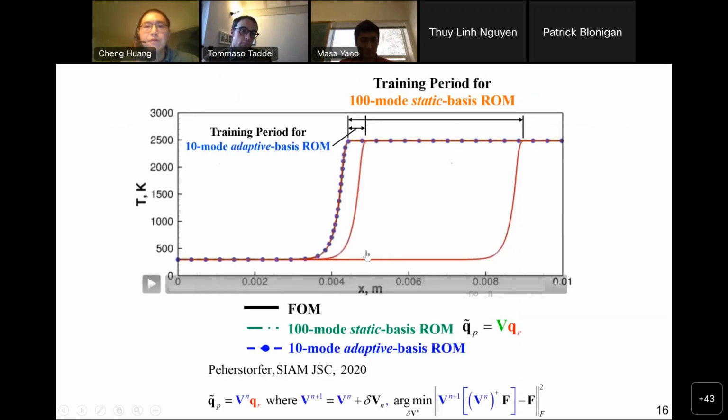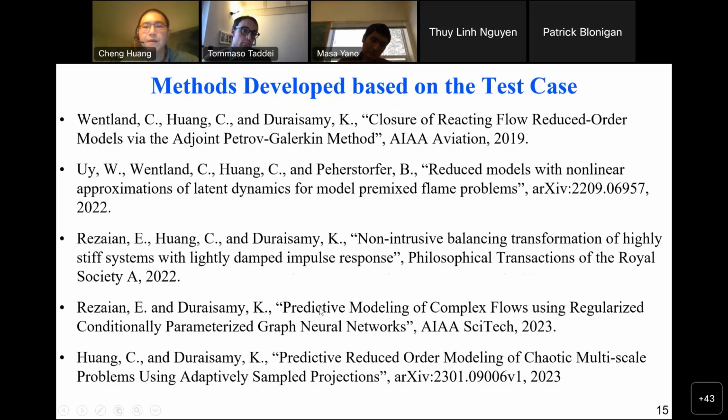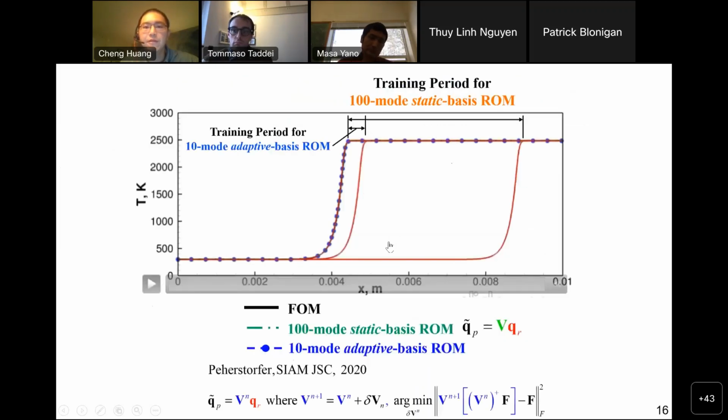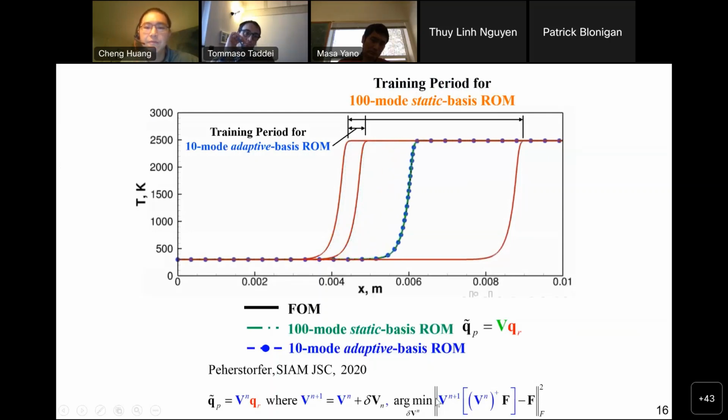One of the methods I'm developing now, besides the other methods developed by other people in the team, and which I think is promising, is using an adaptive basis. The issue with this problem is that the basis is not good enough, so we use an adaptive basis, basically changing the basis as the reduced order model goes.